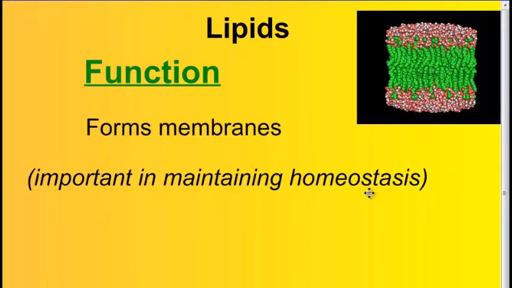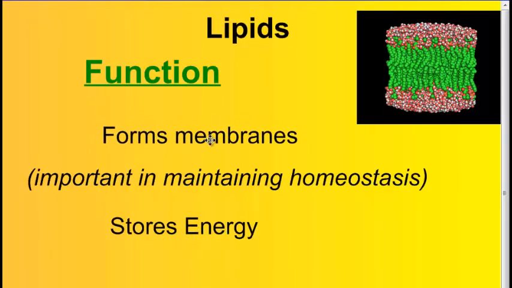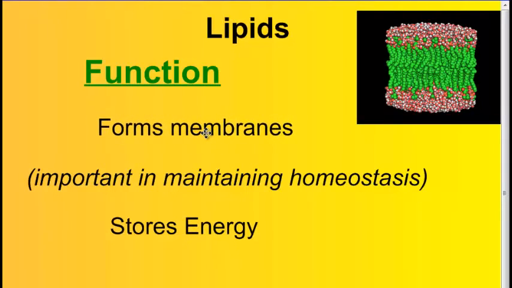Again, we'll talk a lot more about this at the beginning of trimester 2 and the end of this trimester. A secondary role of lipids, of fats, the one that most of us think of when we think of fat on our body, is as energy storage. Most people want to get rid of fat, and they try to burn their fat, burning up their energy. For the purposes of this class, we're mostly going to talk about lipids and fats as a membrane molecule.